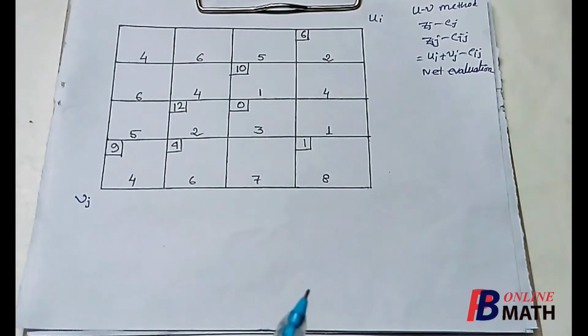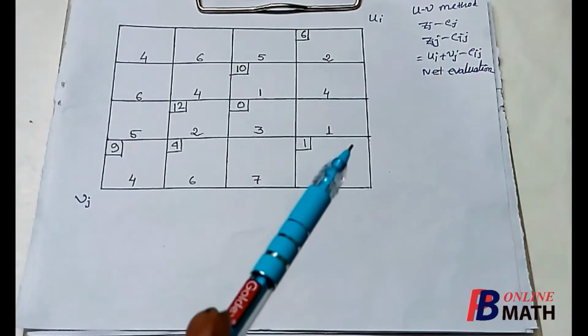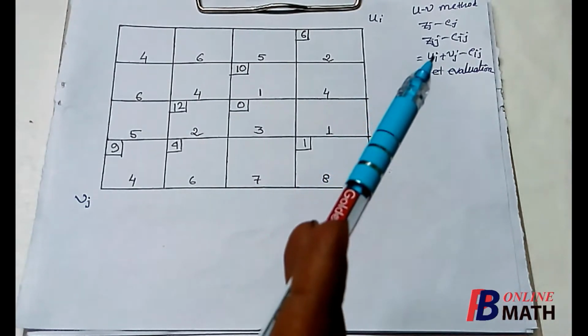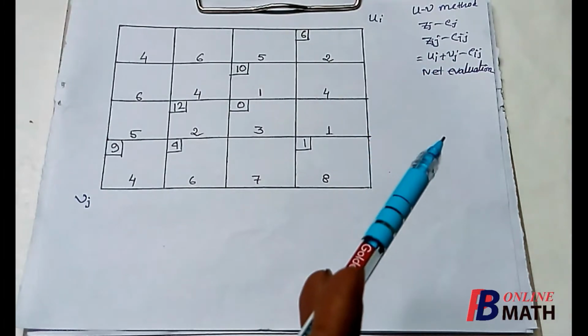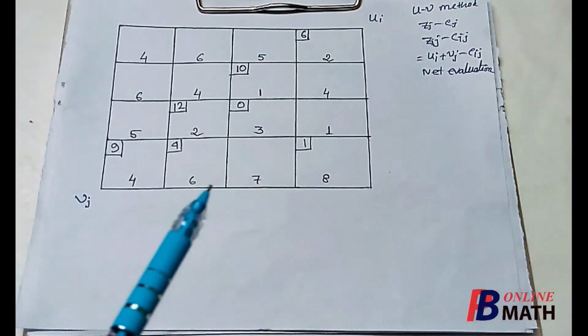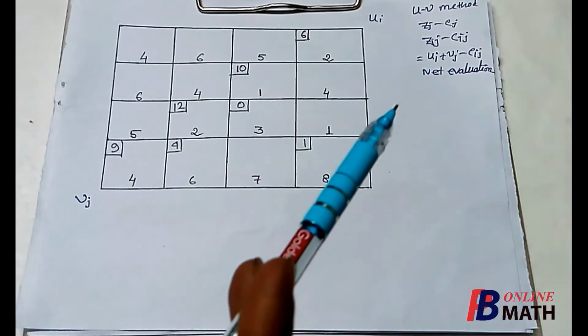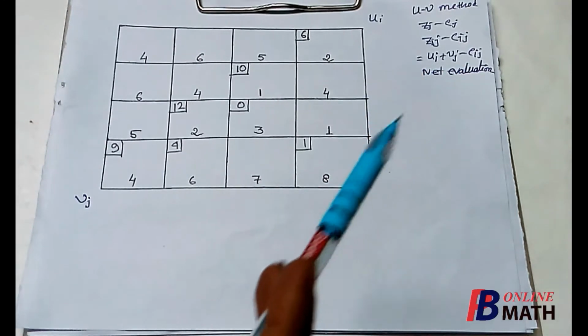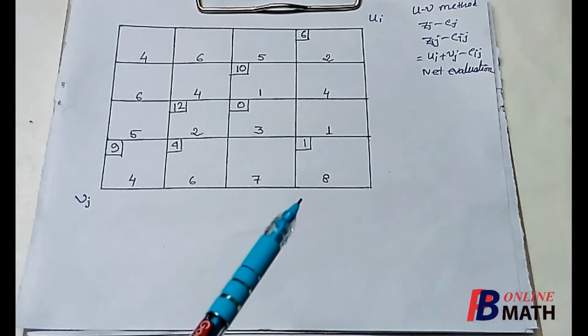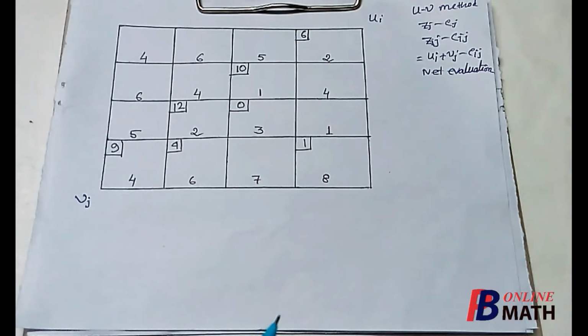Now in this transportation problem, the problem is a minimization problem. So if we find that all the values of zij minus cij are non-positive, then the optimality condition is satisfied. I repeat, if all the values of zij minus cij are non-positive, then the optimality condition is satisfied, otherwise not.